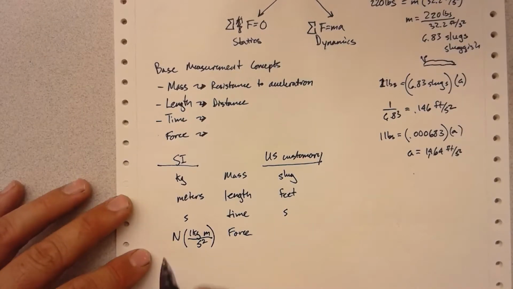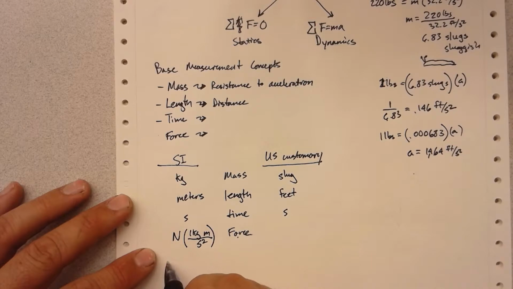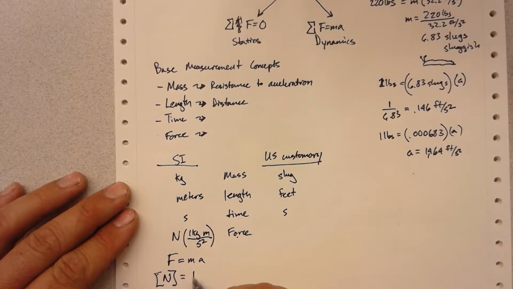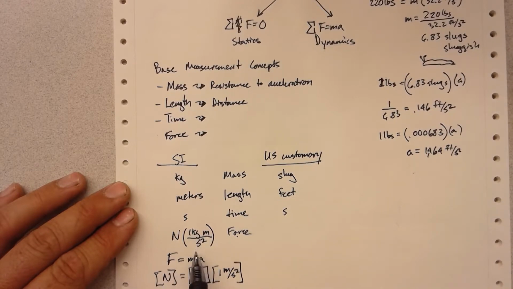So in the SI system, we derived our force value, the Newton, so F equals ma, as being 1 Newton is equal to 1 kilogram accelerating at 1 meter per second squared. And so I get a kilogram meter per second squared for the units.